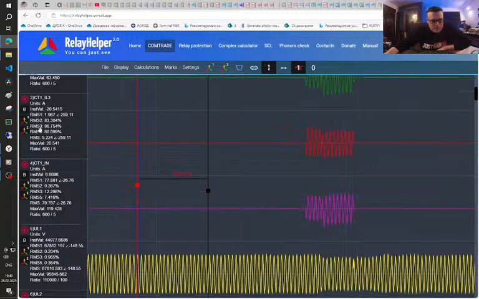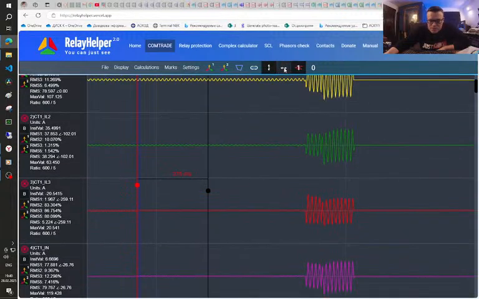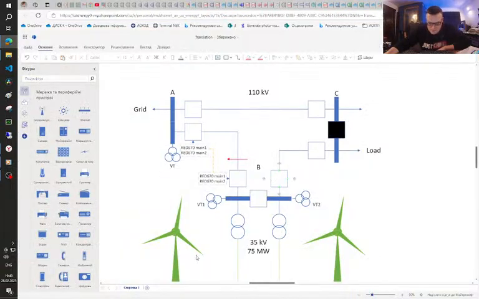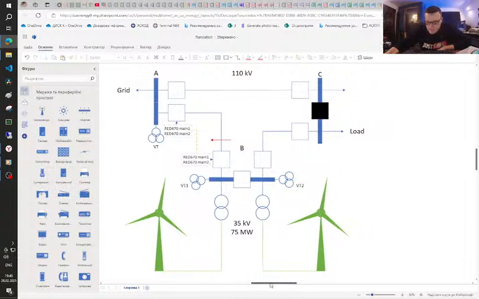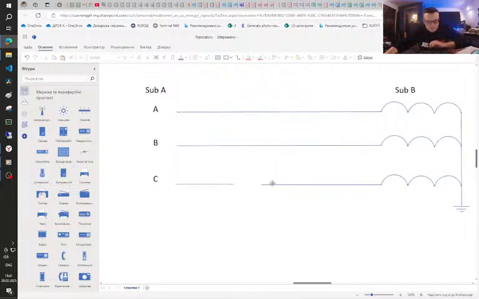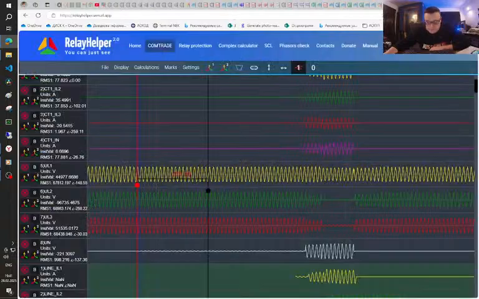So we make the suggestion that before the short circuit there was an open pole on a broken conductor, and if we return to the primary scheme, on the left is substation A and on the right is substation B. So we can see something like that before the short circuit.